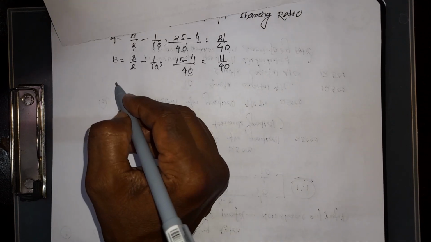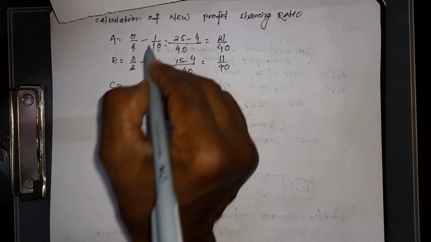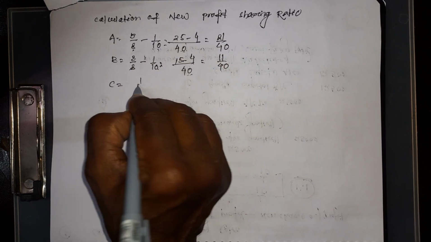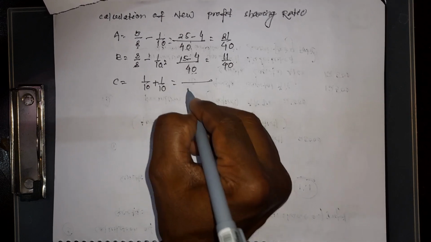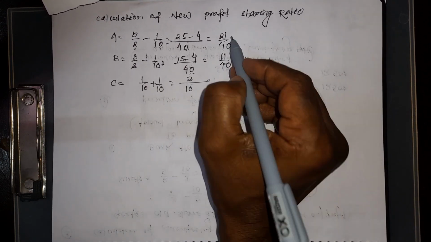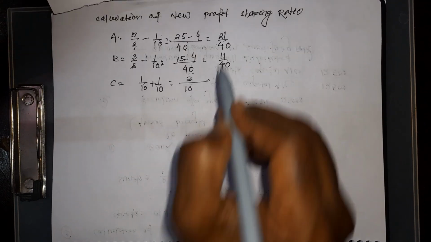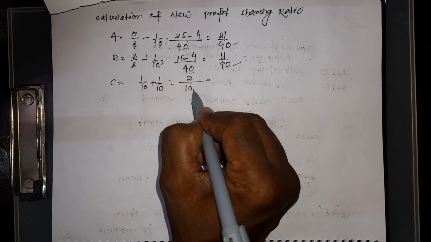Before that also I already told you, whenever you calculate the new profit sharing ratio, include the new partner also. So what is his share? Already it is mentioned 1/5, but you can see 1/10 from A, 1/10 from B. So it will be 2/10. Clear? I already told you the denominator must be equal for the calculation of new profit sharing ratio. Here denominator is 40, here denominator is 40, but here denominator is 10.